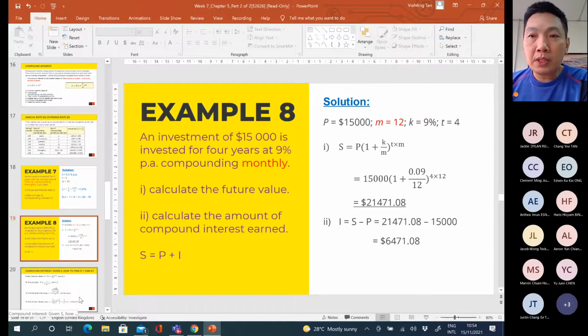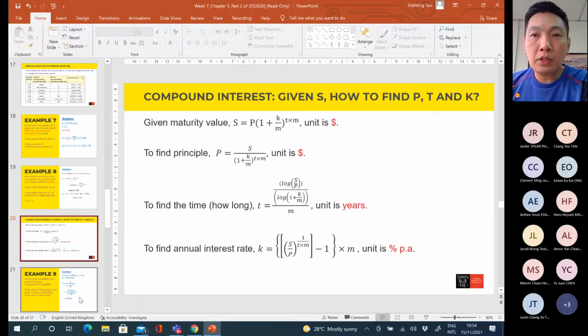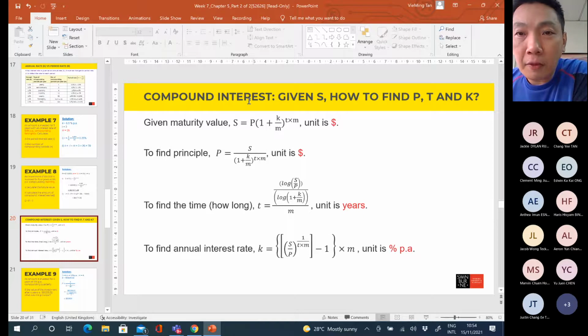For compound interest questions, you can also try to transpose this formula that we learned this morning, in order to get the P, the T, and also the K. For P it is easy, because this P is a base number.